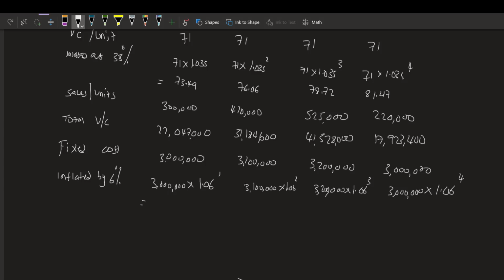We go ahead and get the figures. This will give us 3.18 million. Next we multiply. This is giving us 3,483,160.